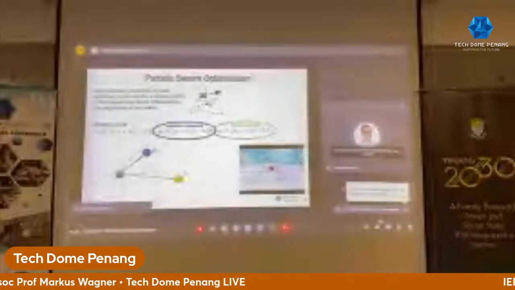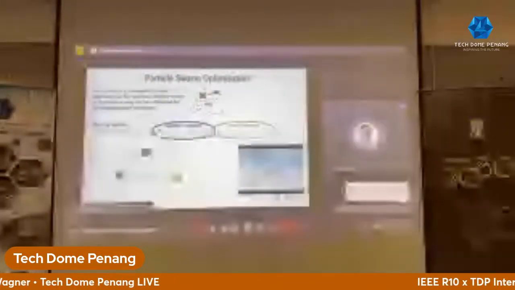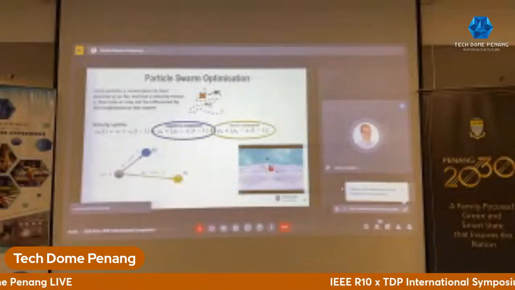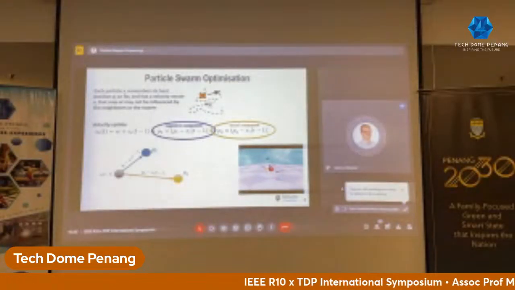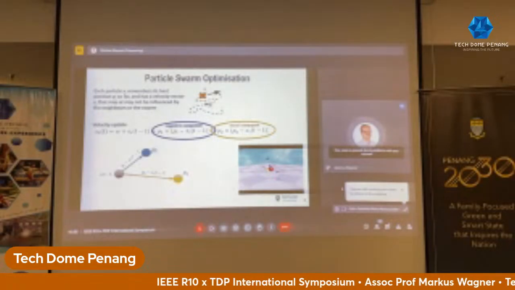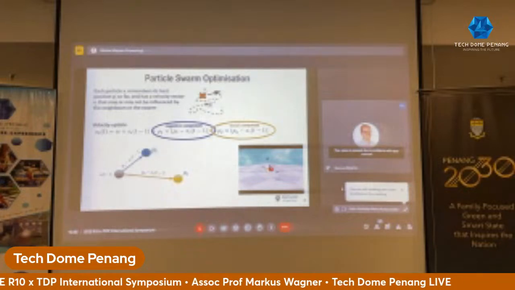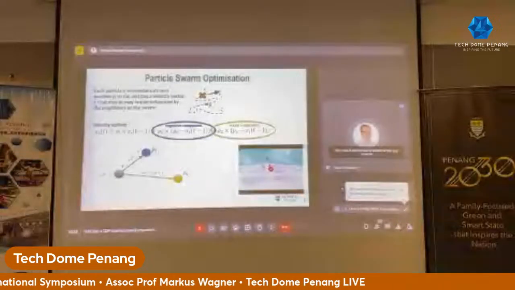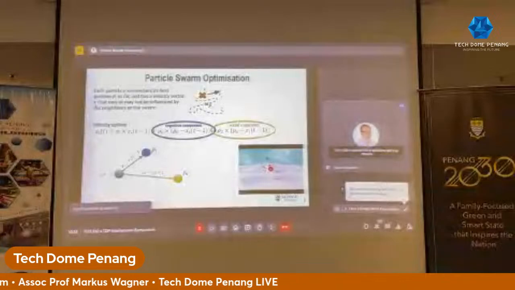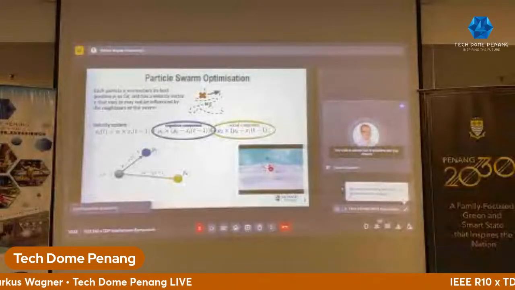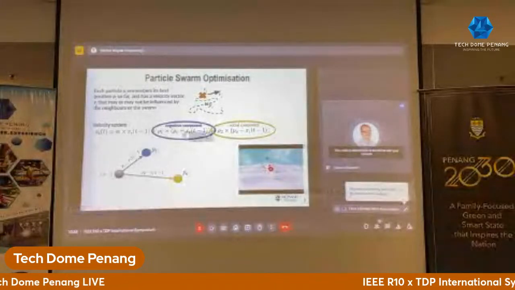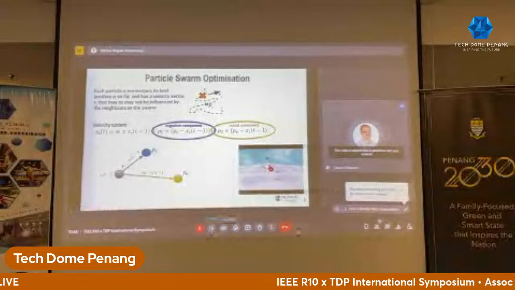We also share with the others, or the entire swarm exchanges information, and they know where globally in the entire swarm the best solution is, and it might just be over here. So we are currently here, we know that our previous best is here, and the global best that the entire swarm has seen is here. This is the only piece of information that they are going to exchange now.